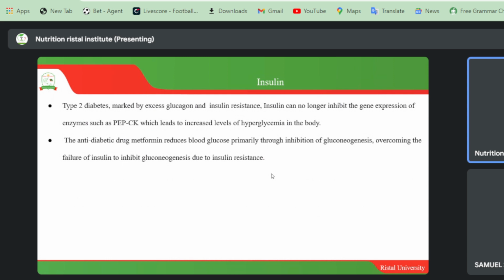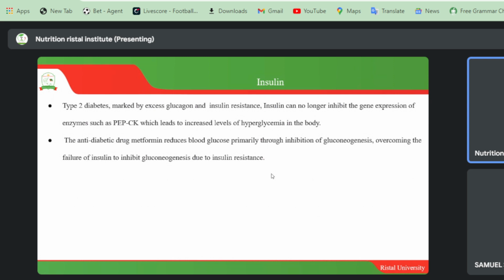So how are we going to understand this? Metformin is a diabetic drug that is used by many people who are diabetic. Like the statement here says, it inhibits the process of gluconeogenesis. Let's get to understand this. What's the relationship and what's the effect of gluconeogenesis and glycolysis on a patient who is diabetic?